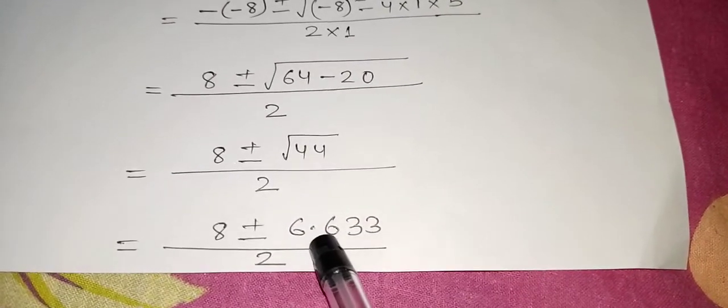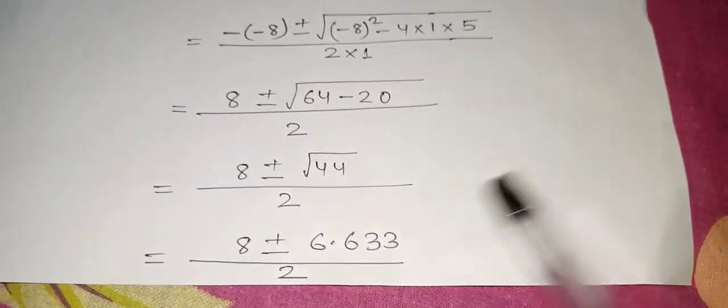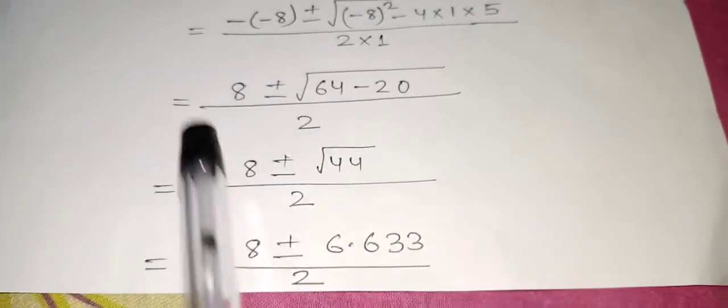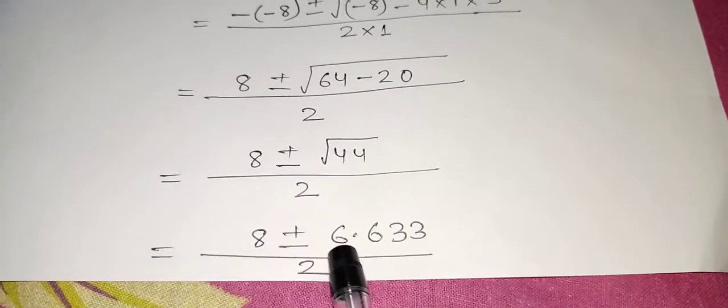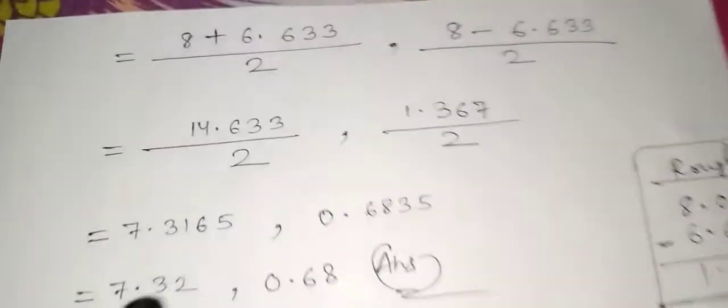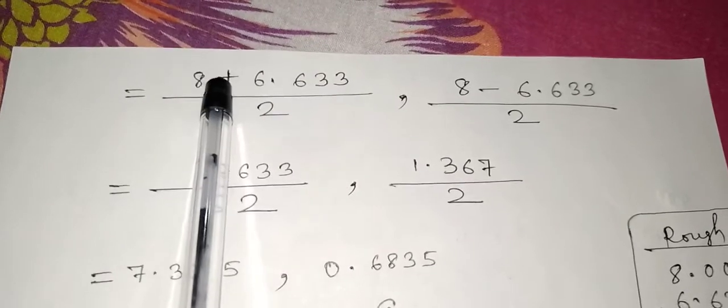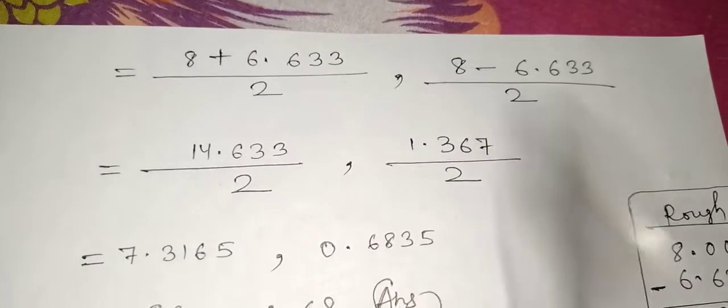And please note down children, after decimal you take only 3 numbers, as there are huge numbers, but you have to take only 3 numbers. So 8 plus minus 6.633 by 2. Next, you can see that plus minus has been divided in two parts, plus in one part and minus in another part.